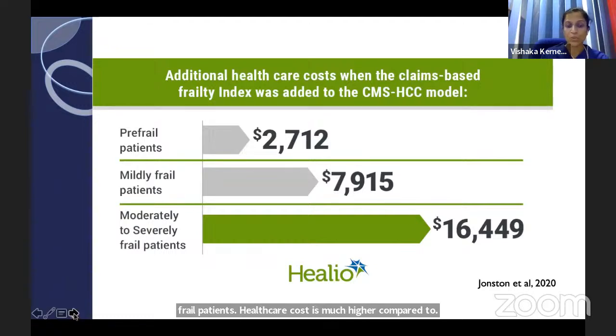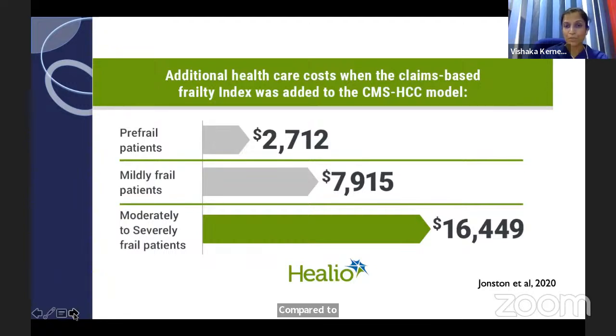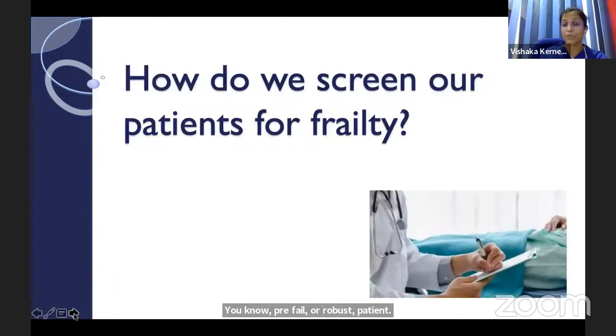So this also shows that they need a lot more advanced care compared to pre-frail or robust patients. Because of that, we have to learn how to assess. This is because of the novelty of this condition. I'm sure it is not novel, but it is growing in popularity only recently.